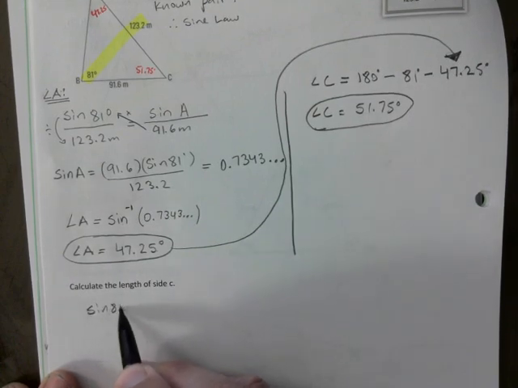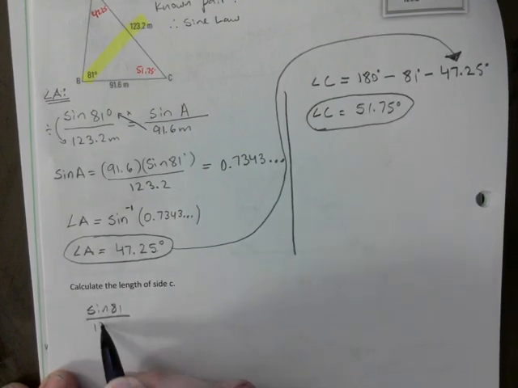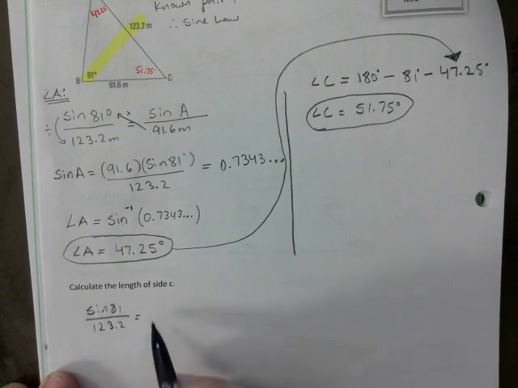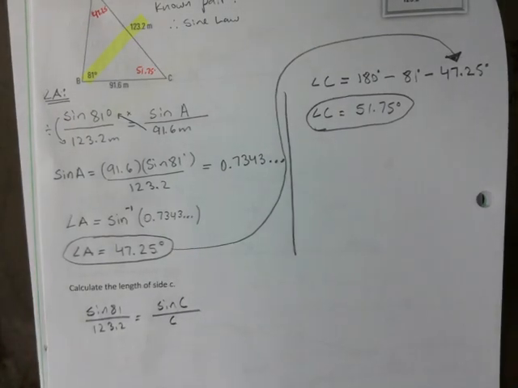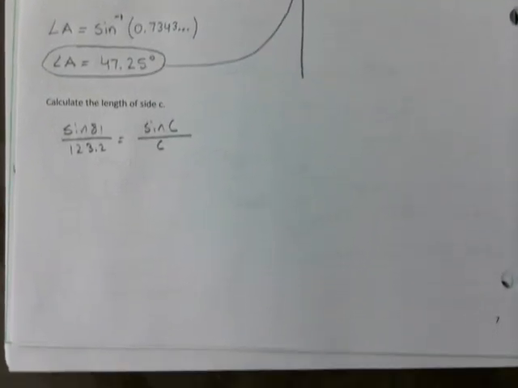So sine of 81 over 123.2 is equal to sine of angle C over side C. I'm going to actually write down the letters here.